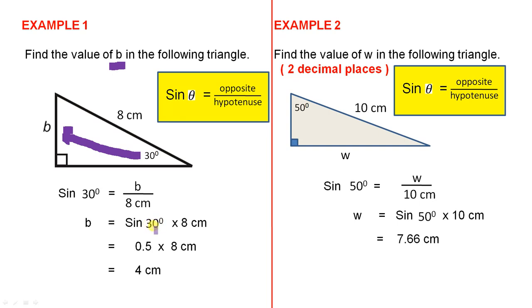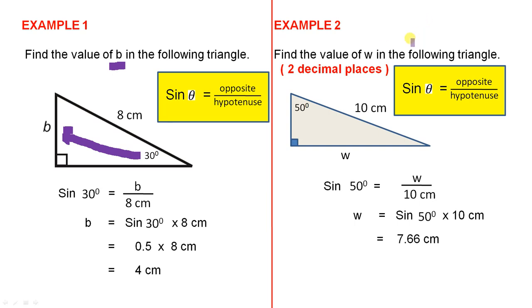That's just calculator work, so you don't have to do anything in your head. You just put 30 degrees into the calculator, press the sine button, and it gives you 0.5 times 8 centimetres. So half of 8 is 4. So basically, b is 4 centimetres. And we've solved b by using trigonometry, and in this particular case, the sine ratio.